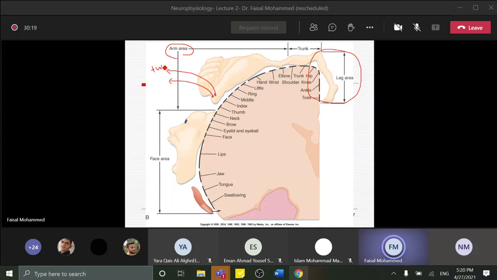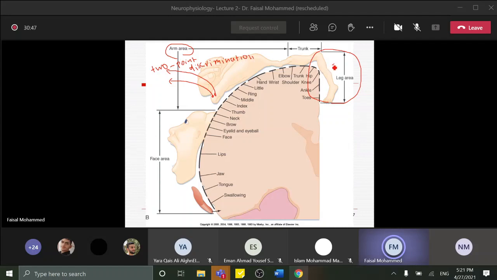So two-point discrimination is very good in the fingertips or the lips. In the fingertips, if the distance between them is 2 mm, you distinguish them as two points. Why? Because they hit two receptors.